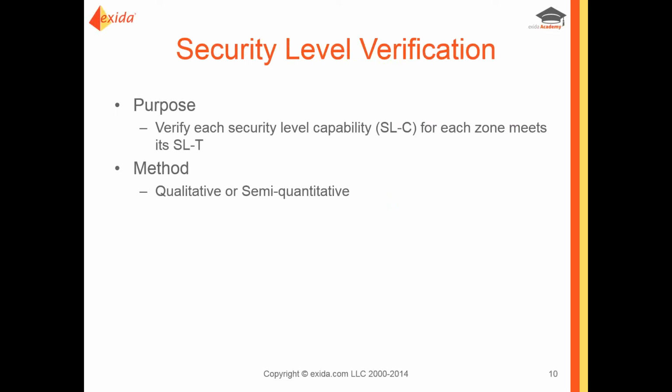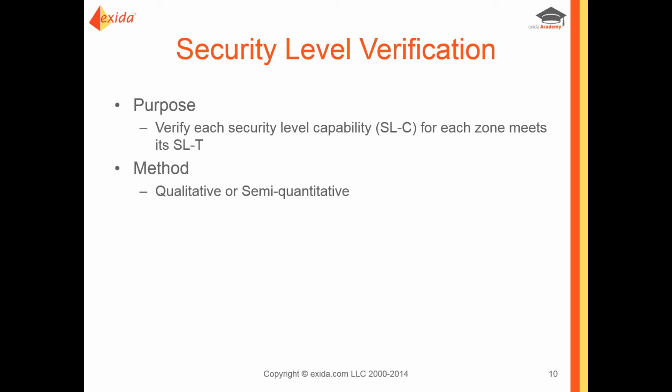Next step in the life cycle is to perform a security level verification. If you remember, during the part 1, the risk assessment phase, you're supposed to determine, based upon risk, what security levels your various zones needed to achieve.